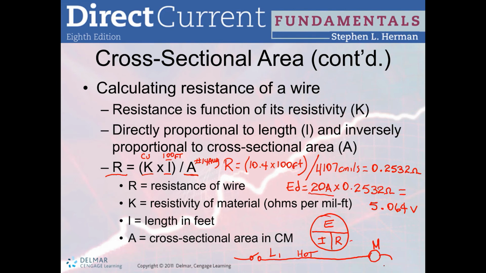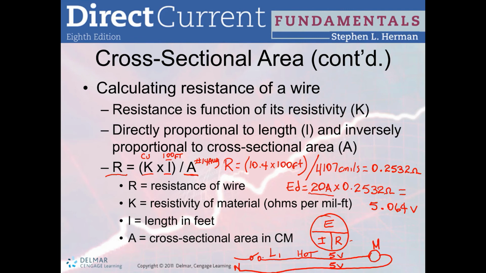It needs to return back through the neutral to the panel. So we have line one and neutral, and if we have 5 volts drop on the hot, how much voltage drop do we have on the neutral? Is it going to be 5 volts as well? Let me tell you that yes, indeed.